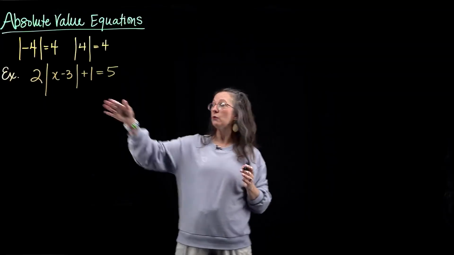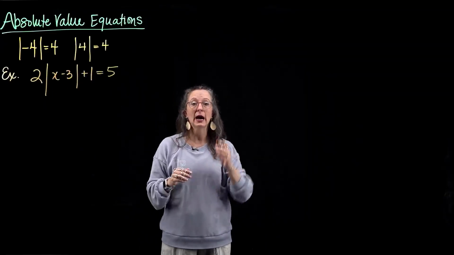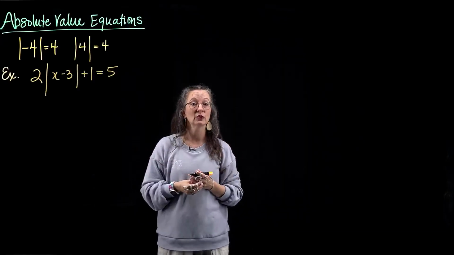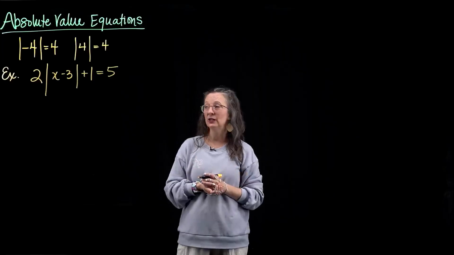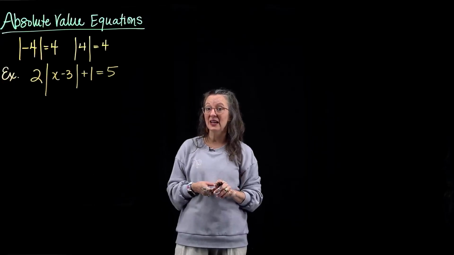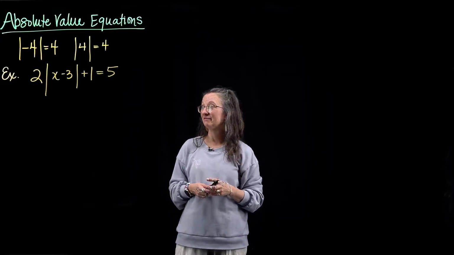When I write those absolute value bars, I exaggerate them because I don't want them to look like ones. It can be very confusing. I would encourage you on your own paper to do the same so that it's easy to read.